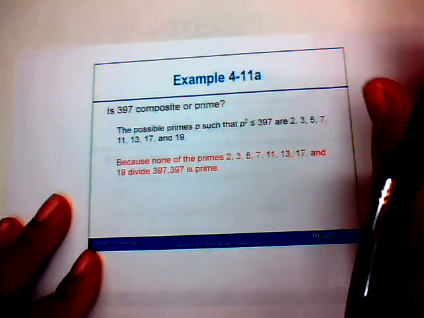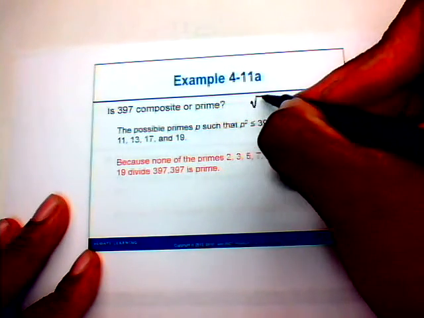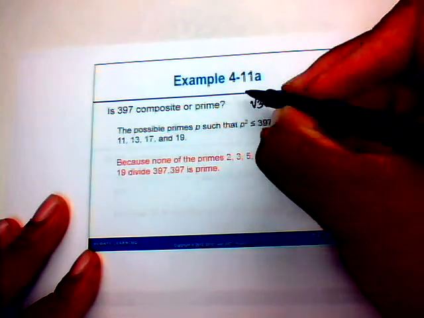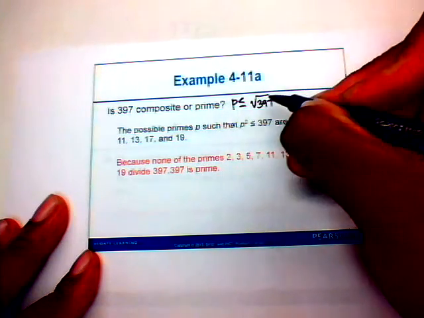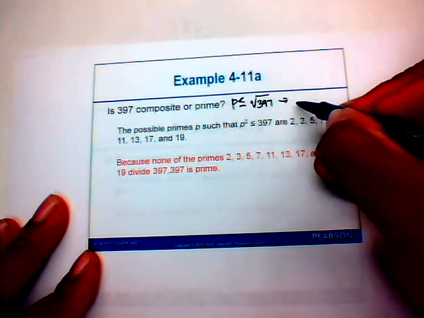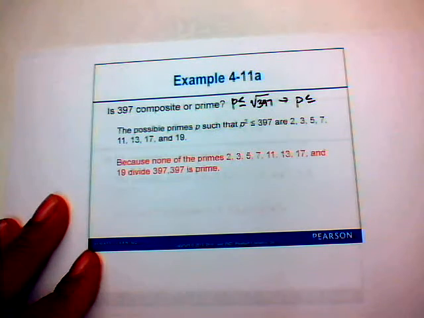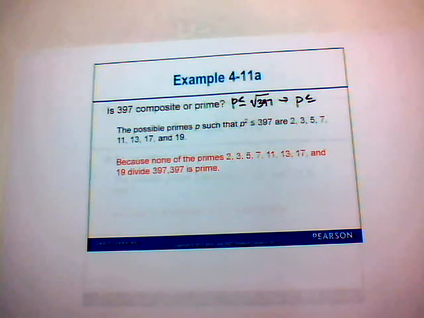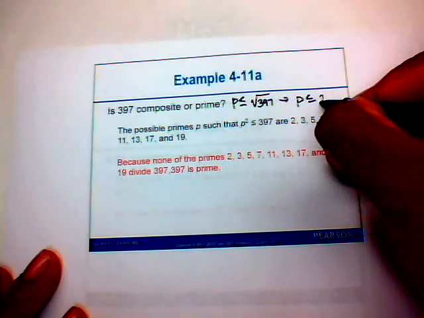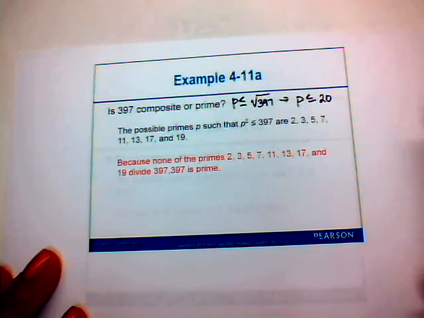You have to take the square root of 397, which means the primes you select must be less than, and if you do the square root of 397 on the calculator, you're going to get 19.92, which I'm going to say 20.